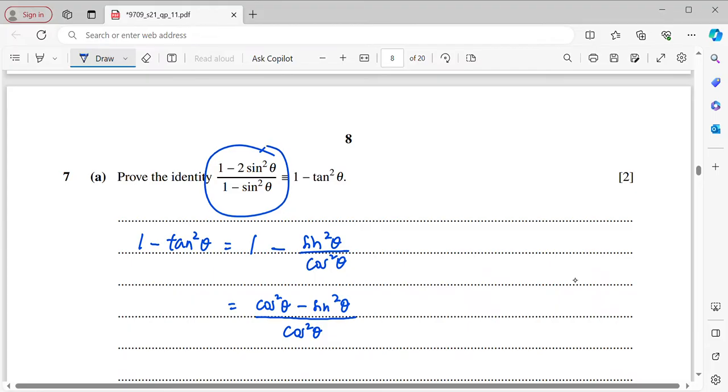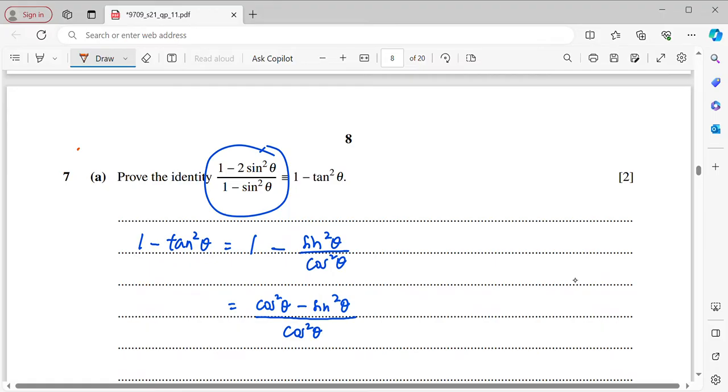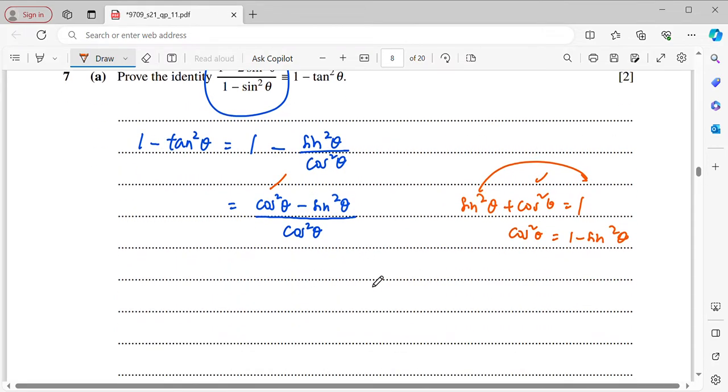So obviously we cannot accept the cos squared theta. Therefore, we use the identity, which is sine squared theta plus cos squared theta is 1. So now cos squared theta will be 1 minus sine squared. Just use this identity to change everything to sine squared theta.